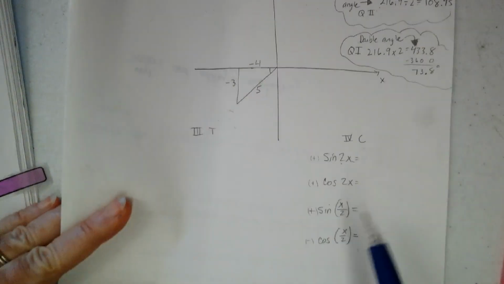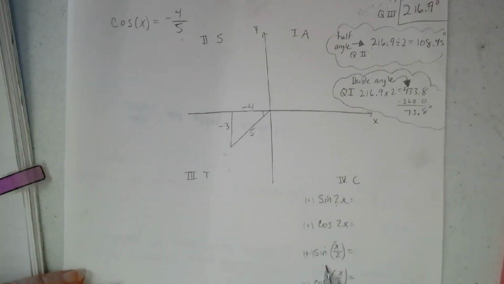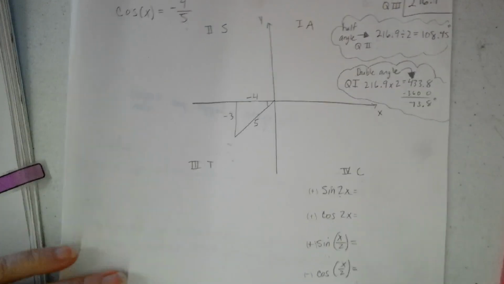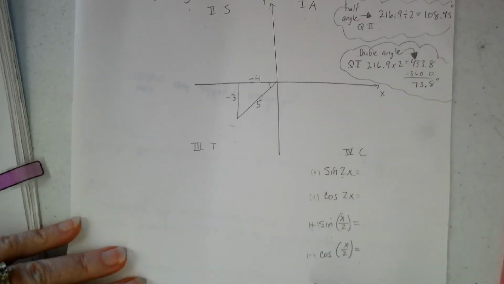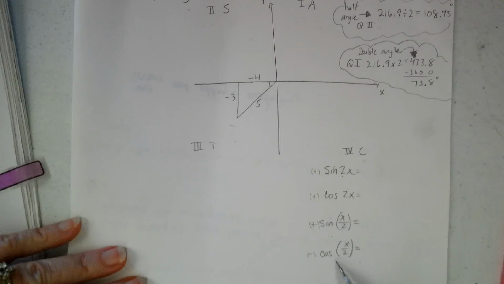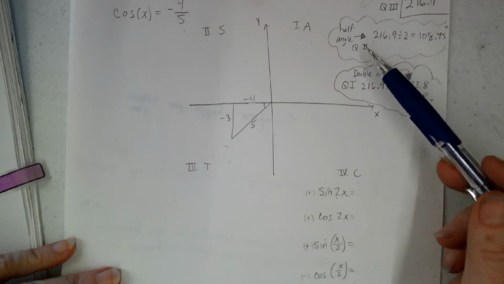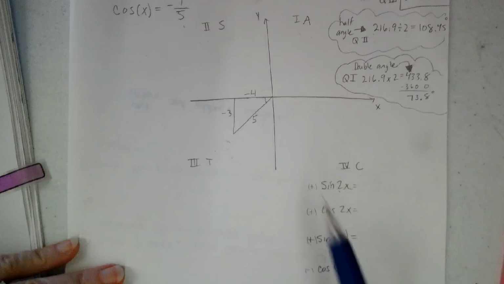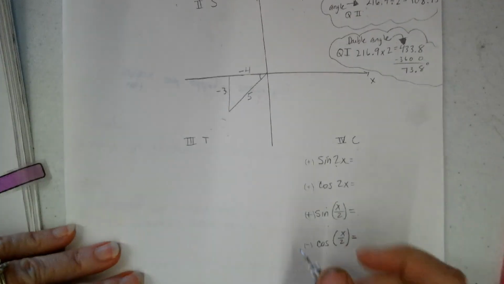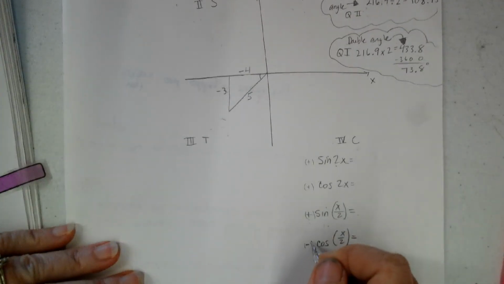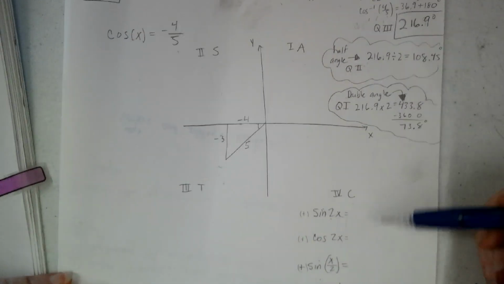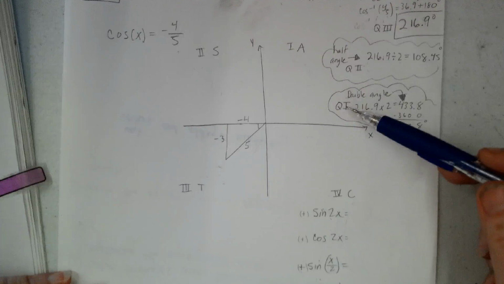Let's look at the half angles. Sine in quadrant 2, is sine positive or negative in quadrant 2? It's positive, so the sine of the half angle is going to be positive, because remember the half angle is in quadrant 2. Cosine's negative in quadrant 2, so this is going to be our only answer that's negative, because the double angles are in quadrant 1.